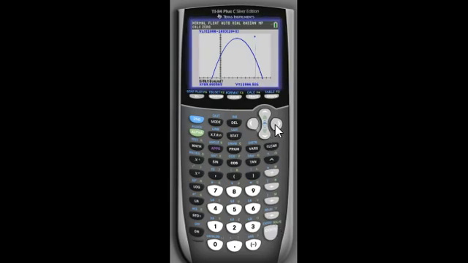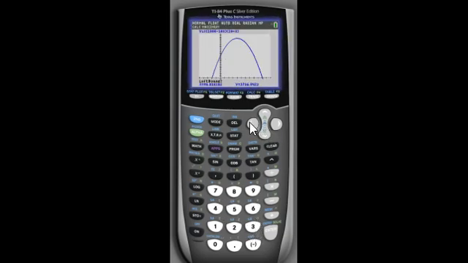And then I need the little cursor that I just moved to be to the right of it. And so I hit enter, and then enter again, and it tells me that my other zero is at (100, 0).